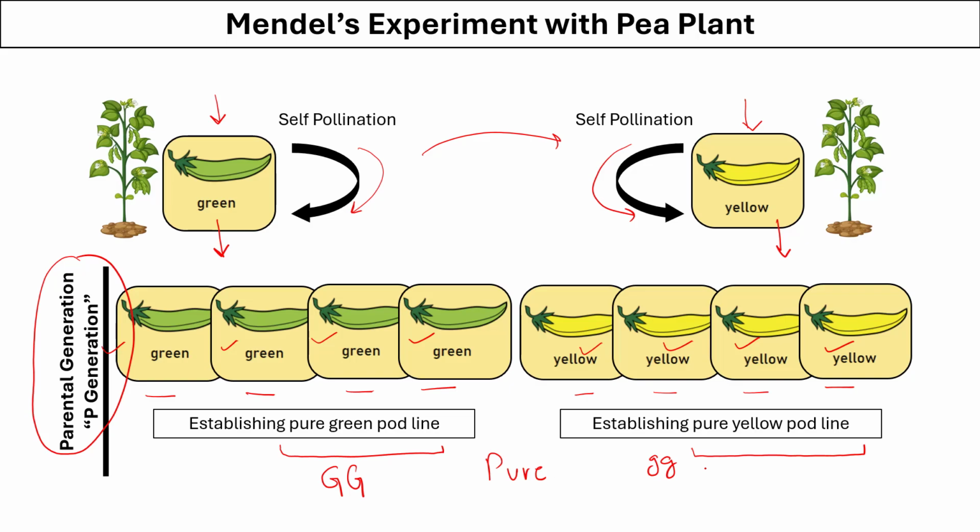But till now, Mendel did not have the concept of dominant or recessive or how to put these letters G, capital G, small g. And when we talk about these capital G, small g, what are these called? These are called genotype. That means we are trying to guess what would be the allele coming from their father and mother.